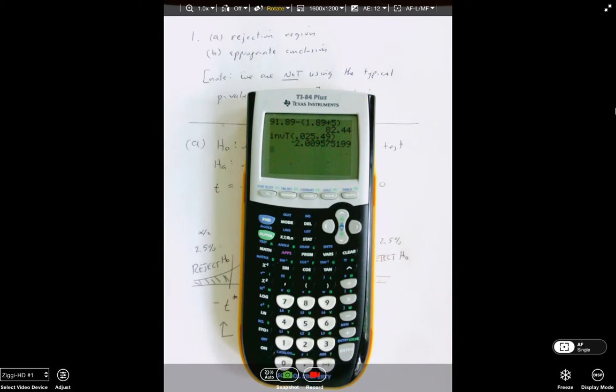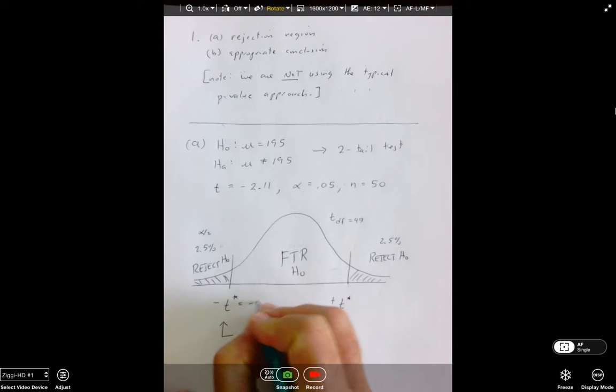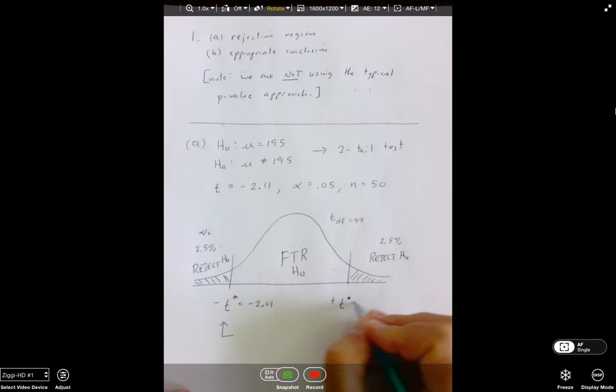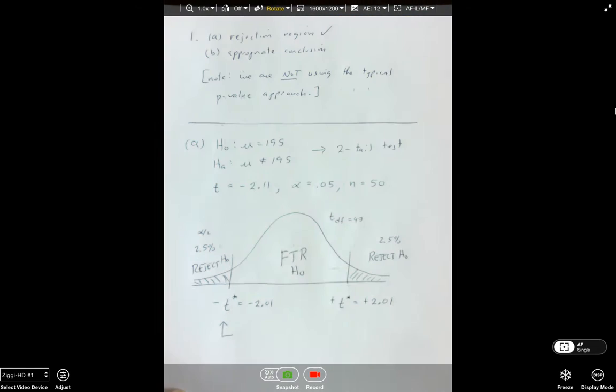So that value is negative 2.01 over here, and because of symmetry, this is positive 2.01. So gang, that's my rejection region. I can check that off.